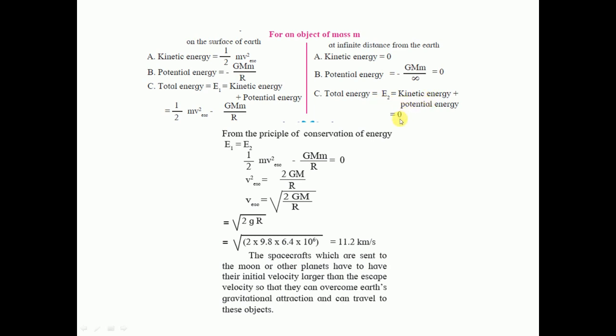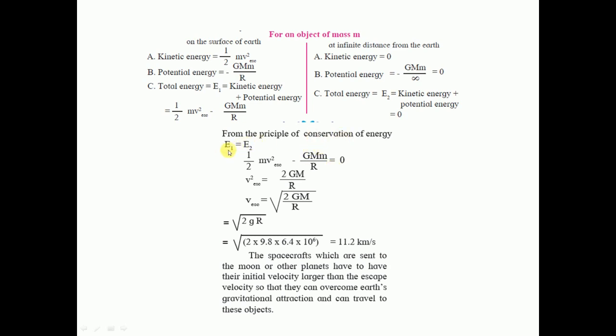So as you know, on the surface of the Earth this is the total energy, and at an infinite distance from the Earth this is the total energy. Now as you know from the law of conservation of energy, energy can neither be created nor destroyed, but it can be transferred from one form to another. That means both the energies are equal, from the principle of conservation of energy.